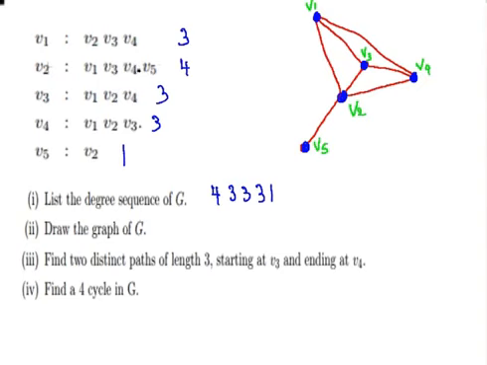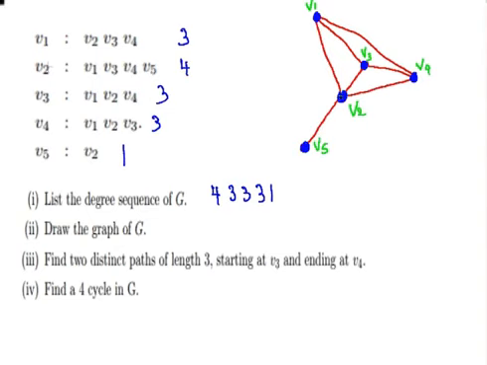Vertex 2 is connected to all 4 of the other vertices, V1, V3, V4, and V5. Vertex 3 is connected to V1, V2, and V4. And likewise, vertex 4 is connected to V1, V3, and V2. And V5 on its own is connected to vertex 2 only. So it has degree 1.